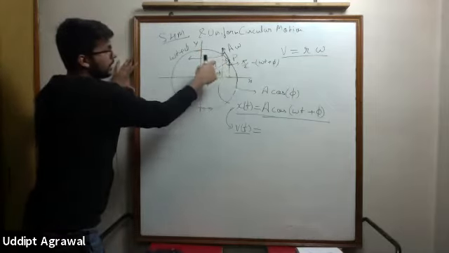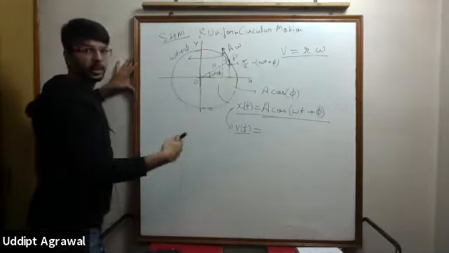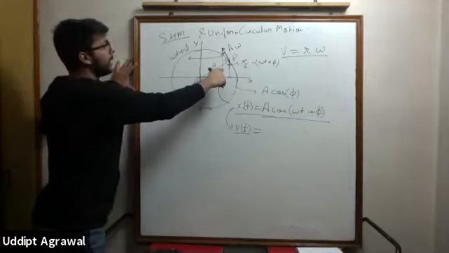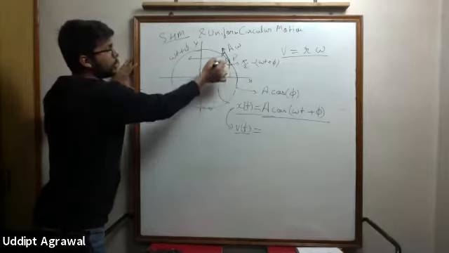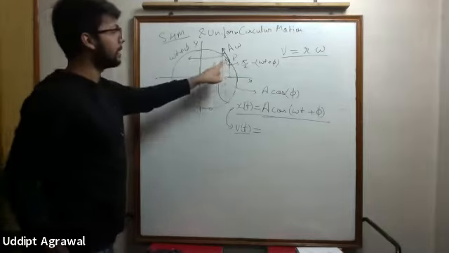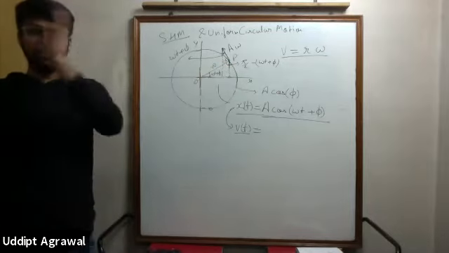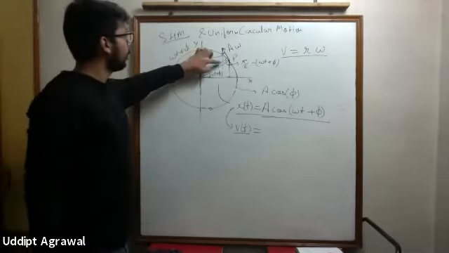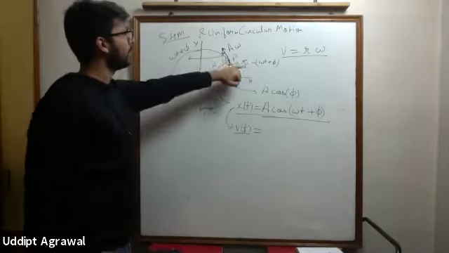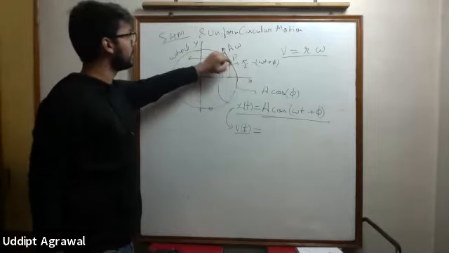Both of these lines are parallel to each other because they are 90 to the same base. So this angle becomes an alternate opposite angle. So this is the same as pi by 2 minus omega t plus phi.